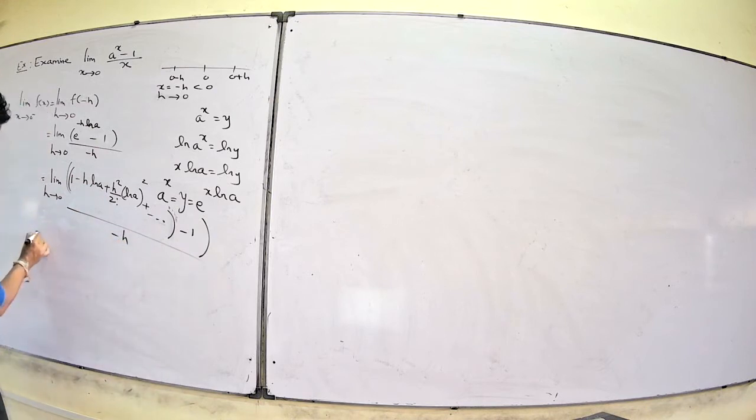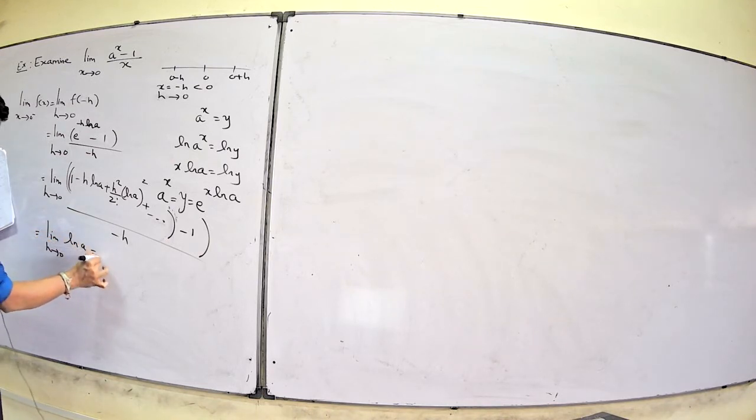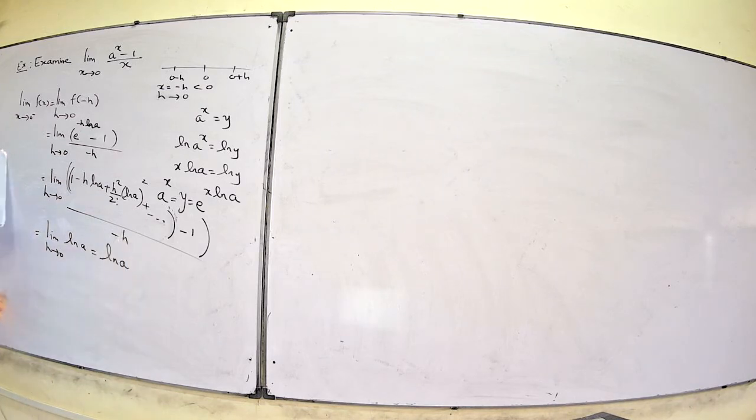Many factors we can cancel: minus 1 cancels, minus h cancels. You get, as h tends to 0, only ln a. Therefore, your value is ln a.